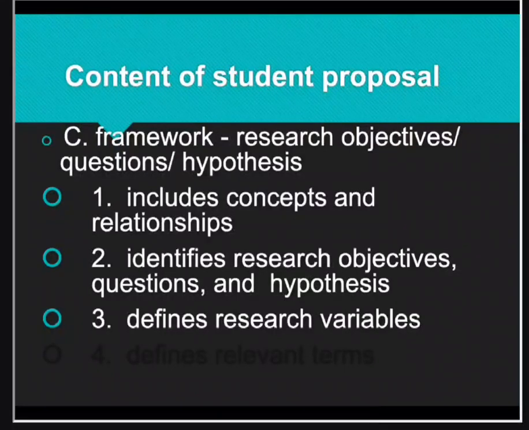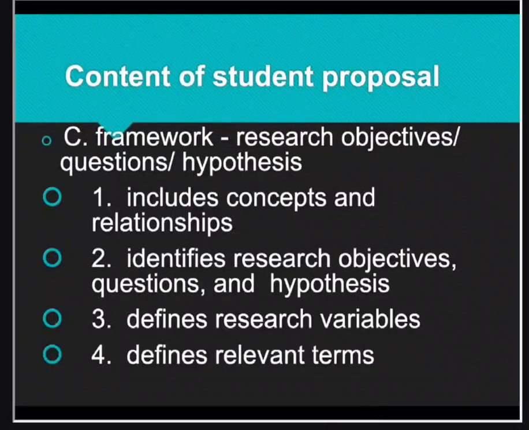So whoever's reading this will be able to tell, without having the words independent variable and dependent variable in your hypothesis, that these are the variables and the relationship that is expected. If there are any relevant terms that are not widely known to an educated public, sometimes you'll need to put a glossary of relevant terms as well, especially if you have a lot of acronyms that you'll be using in your proposal.